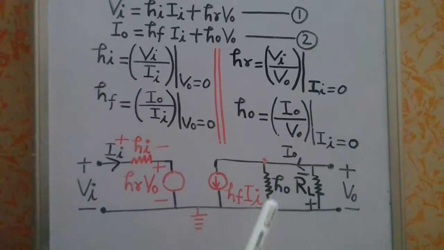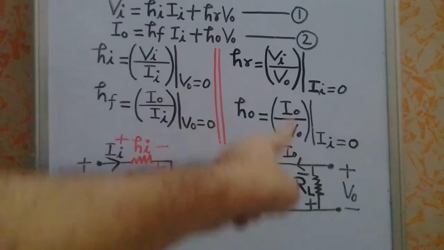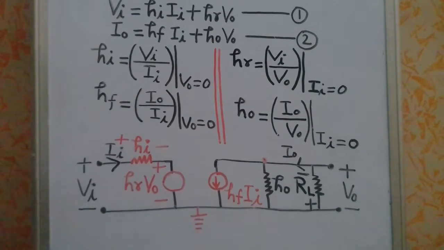Similarly for common collector you put subscript C: HIC, HRC, HFC and HOC. Are you getting my point? So that's how you can draw the H parameter model for any transistor configuration, be it common emitter, common base, or common collector.